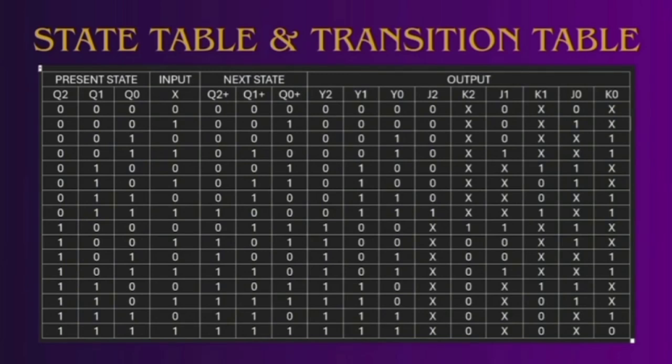If 110 and X equals 1, it moves to the next floor, which is the 7th floor, 111. If the present state is 111 and X equals 0, the next state will be 110. And lastly, for 111, if X equals 1, the next state will be 111.